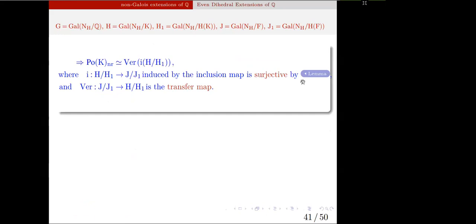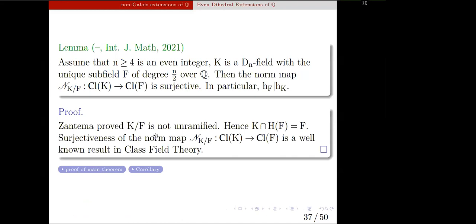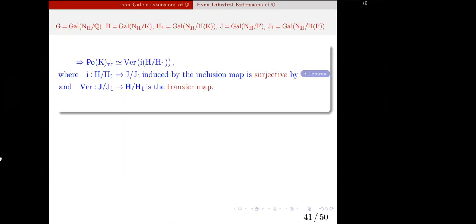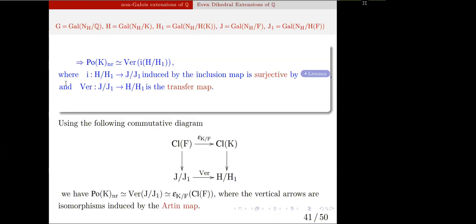Now, by the first lemma in this section, we know that this norm map is surjective, which implies that so is I. Considering the following commutative diagram of abelian groups, the proof is complete and the desired equality can be obtained. Note that the vertical arrows in this commutative diagram are induced by the Artin map.